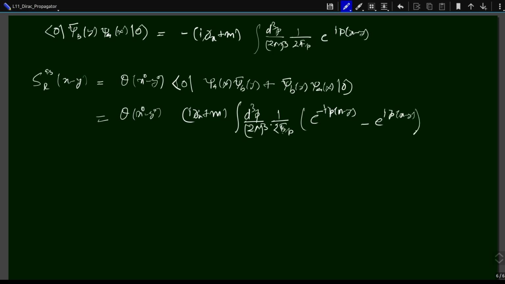Now I can change the order in which they come, and even though this derivative with regard to x naught is sitting on the right hand side, whenever x naught is greater than y naught, not when they are equal, it's a constant function, so the derivative will be 0.